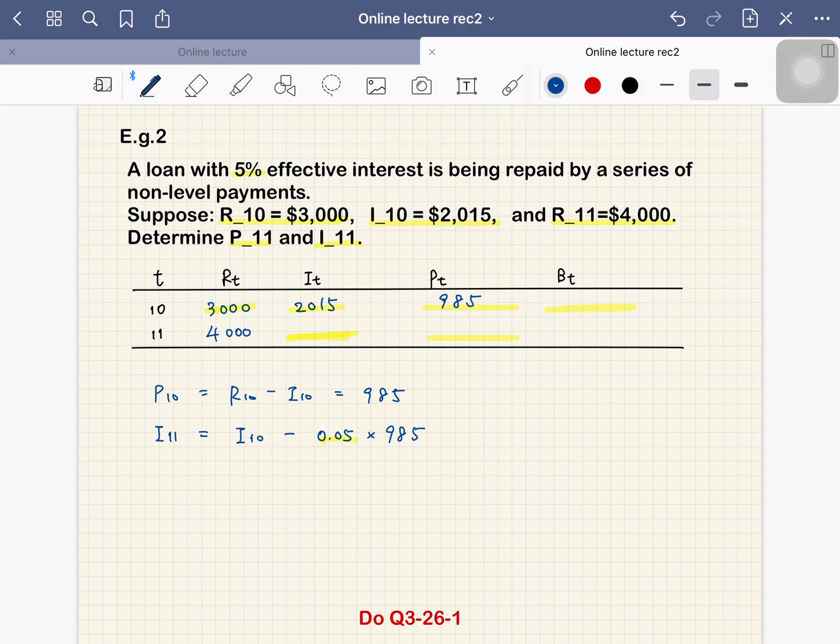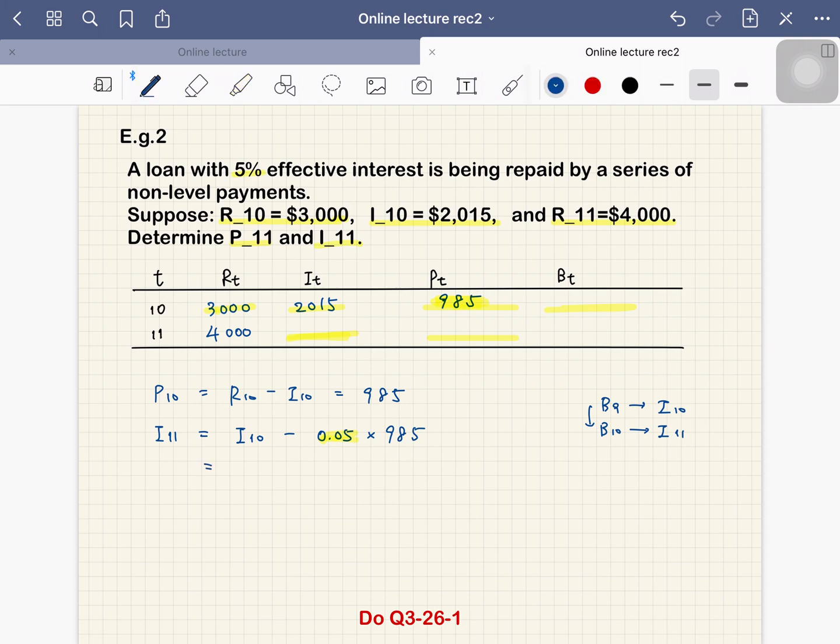Because the balance at time 9 determines the interest at time 10, and the balance at time 10 affects the interest at time 11. And what's the change in balance? The change in balance is this P10. So the interest for the 11th year is slightly less. Actually, this principal repaid times the interest rate is less than I10.